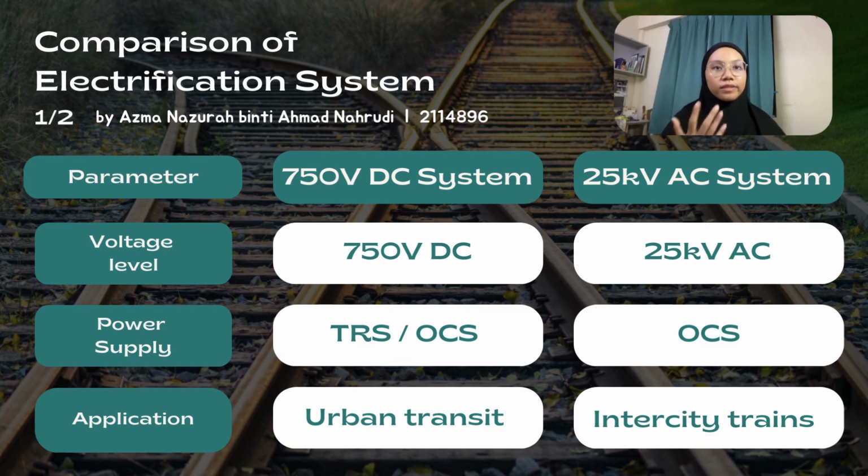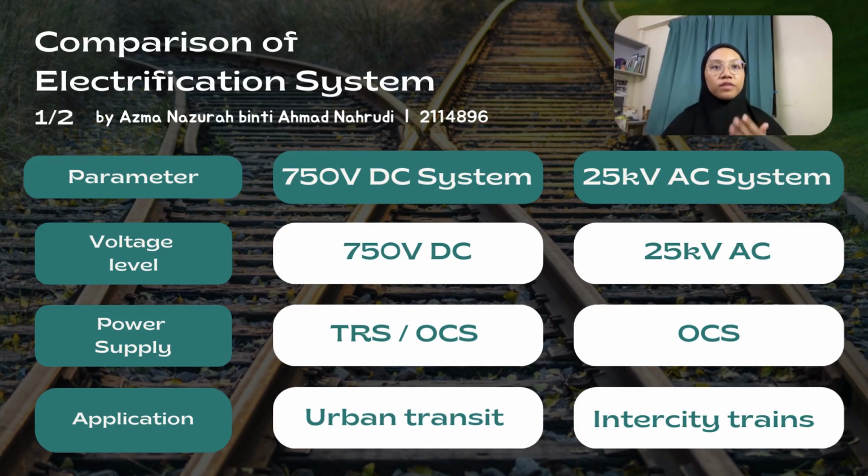Moving on to the application of the 750 volt system. Before, I said that it is used in urban transit, right? So why? Because the urban area is full of people and full of buildings, so we need a compact system to supply the power to the train. This system will not have poles, no need for wires, so it's very compact for the crowded area.